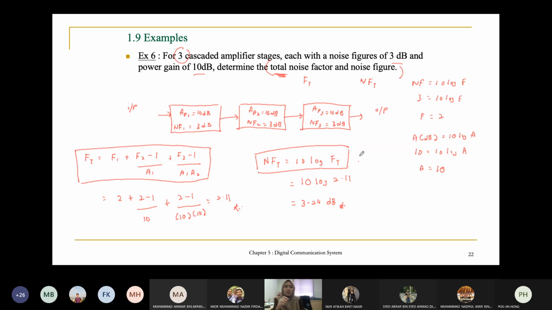Tapi kalau soalan yang dia bagi value yang berbeza, awak kena kira satu-satu lah. Dia punya AP dengan F1, F2, F3. Okay, so yang ni ada 3 amplifier. So kalau ada 4, ada 5, Friis formula awak ni akan jadi lebih panjang lah.